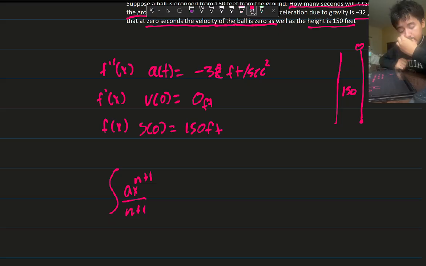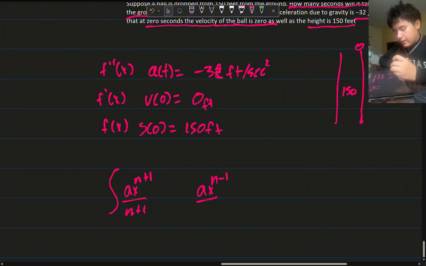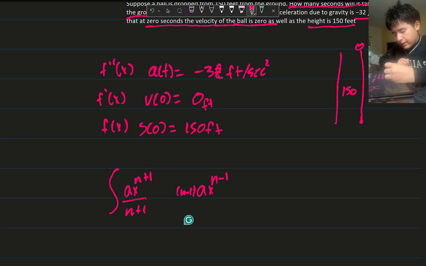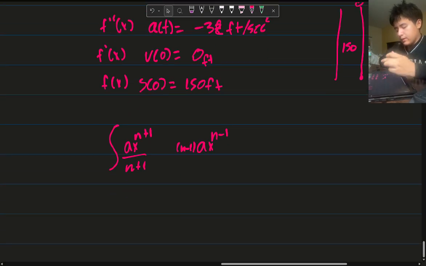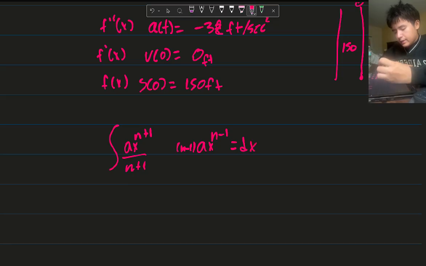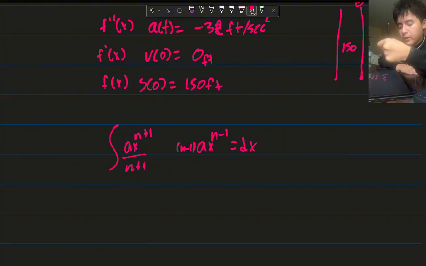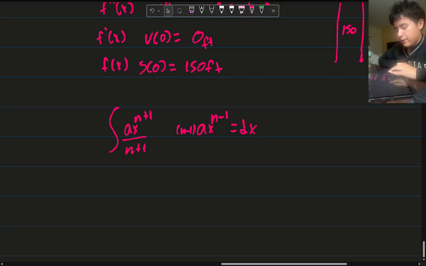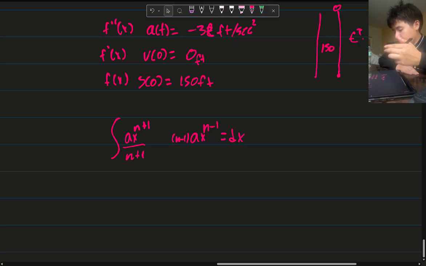This is the exact opposite of a derivative, where taking a derivative will subtract one from the power and multiply by n. So integration is basically the reverse of the derivative, the antiderivative.